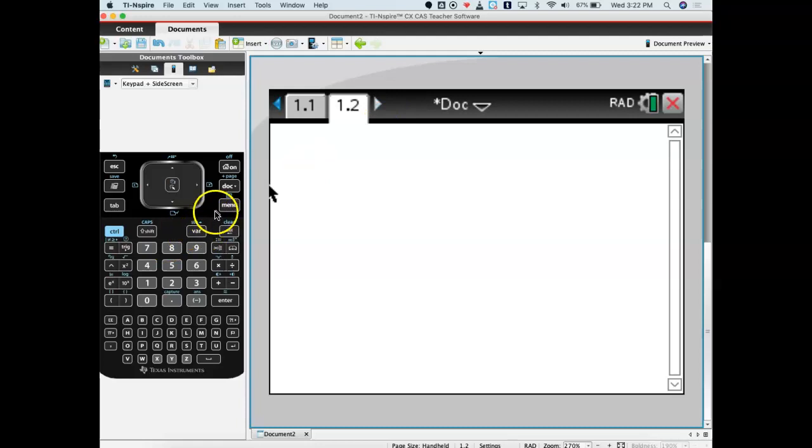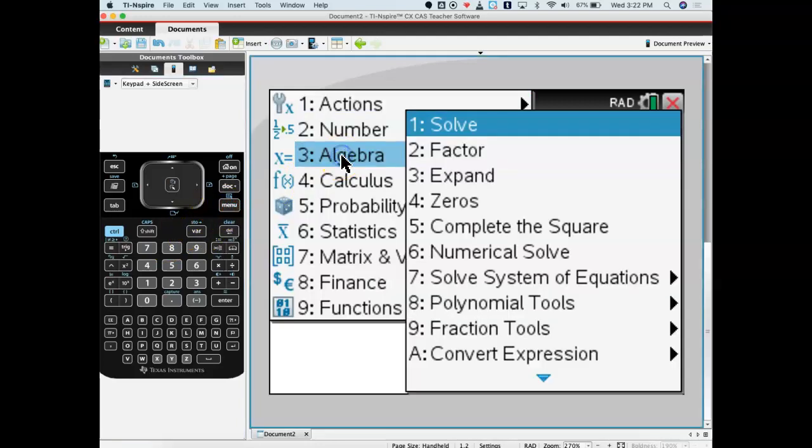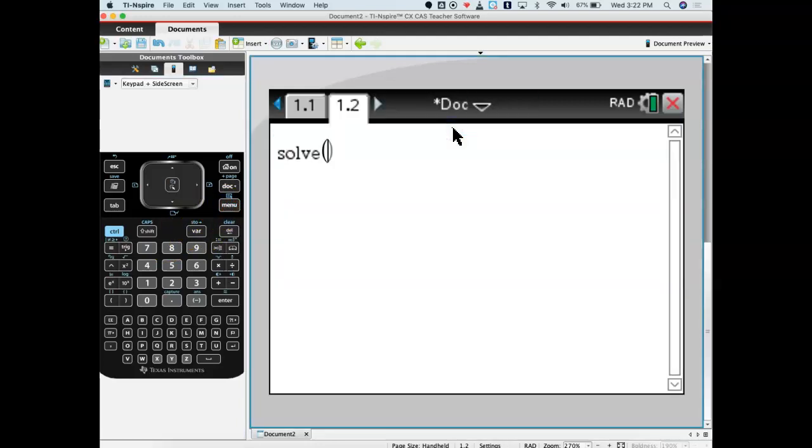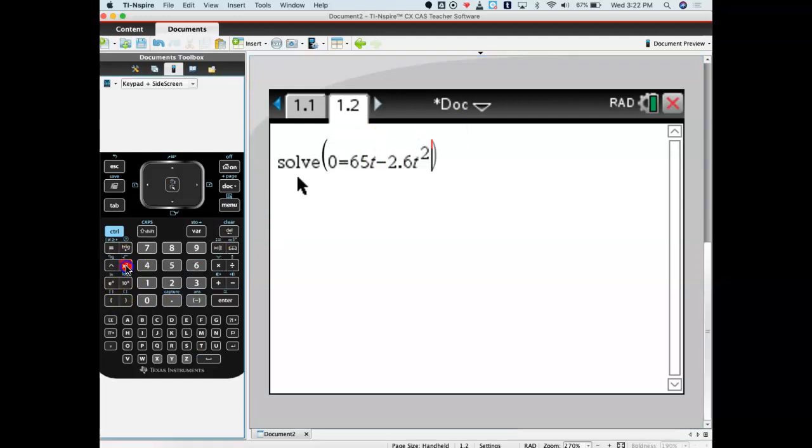And on here, to use solver, I'm going to go Menu, Algebra, Solve. And inside here, I'm going to say, hey, when is it equal to 0? I can type in my function, 65t minus 2.6t squared. And now I have to tell the calculator, with a comma, to please solve for t. And it gives it to me: 0 or 25.